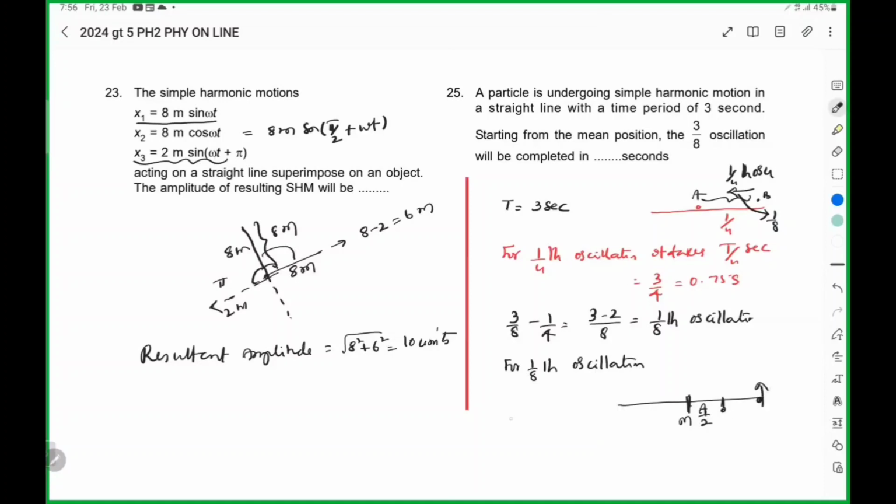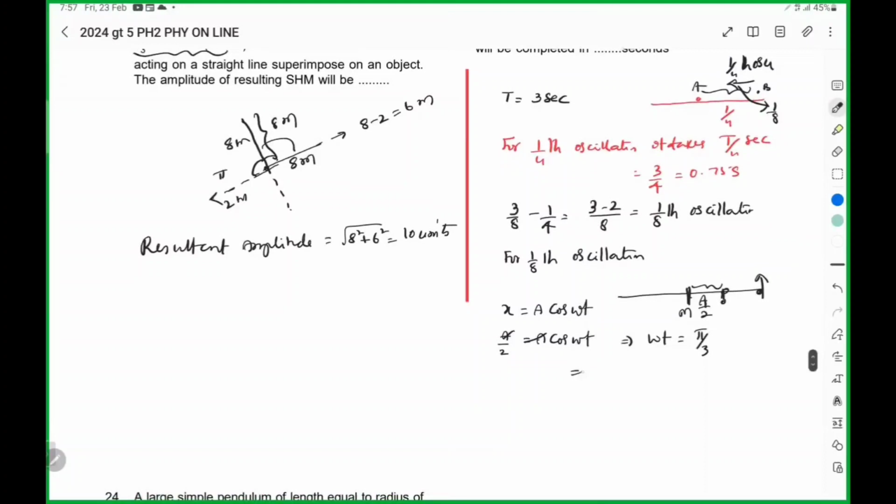And the particle starts from extreme. We use a formula. So it is at half of the amplitude. We write cos omega t is half, omega t is pi by 3.